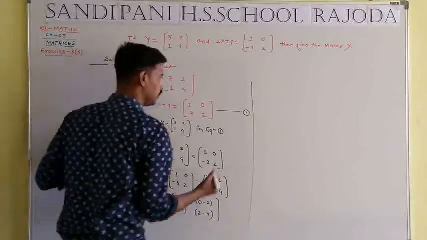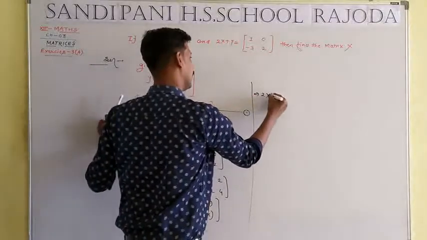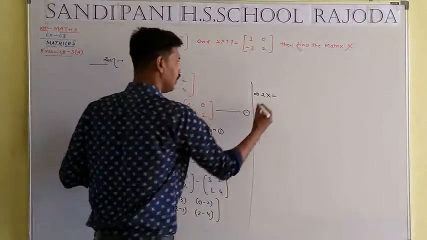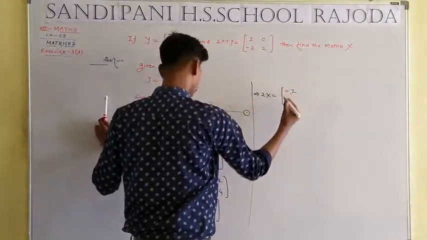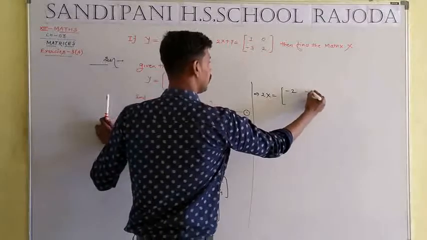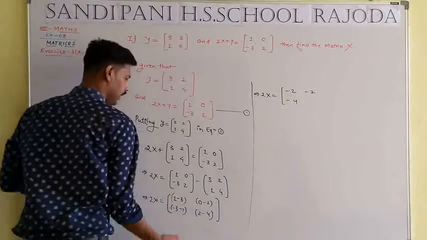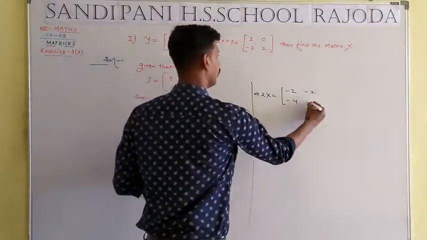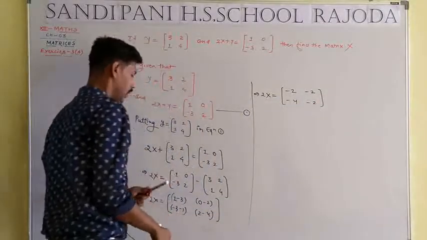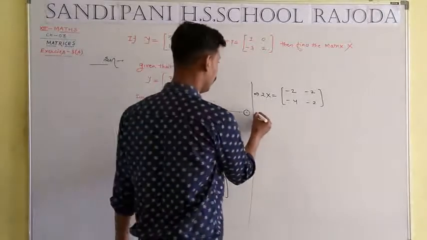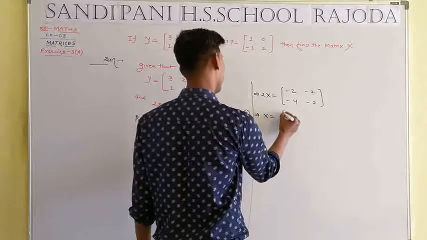So my dear students, 2x equal to 1 minus 3 equal to minus 2, 0 minus 2 equal to minus 2, minus 3 minus 4 equal to minus 4, and 2 minus 4 equal to minus 2. Danger! All values consist of the negative sign.